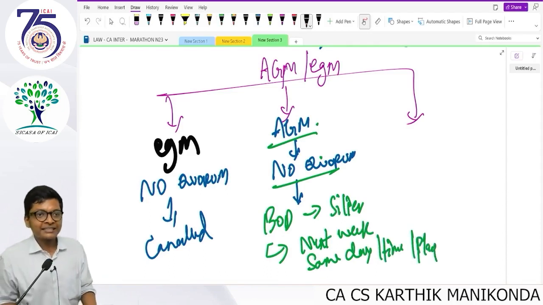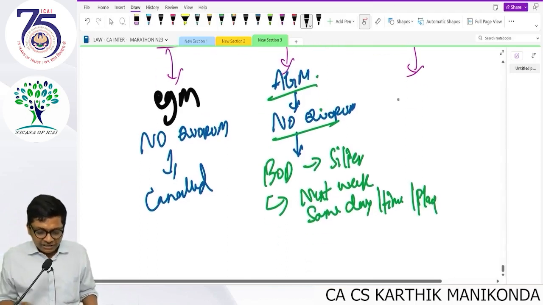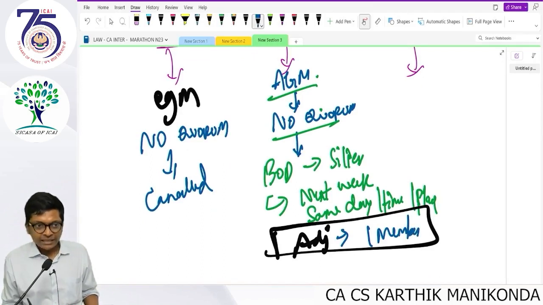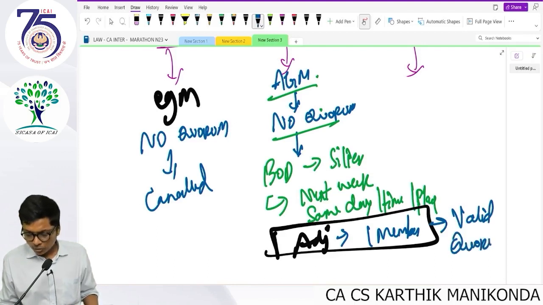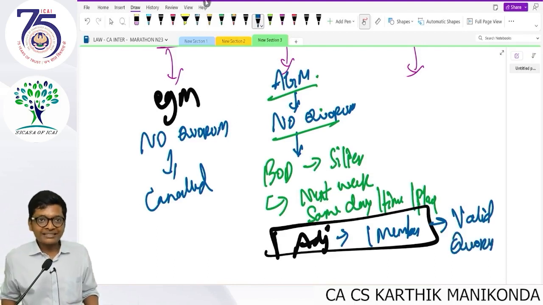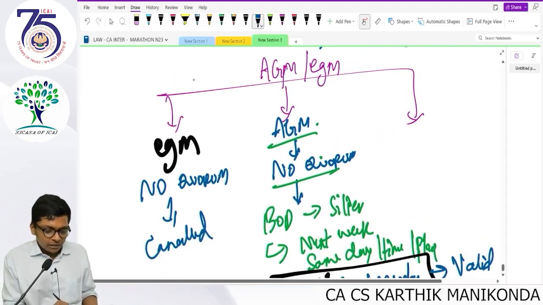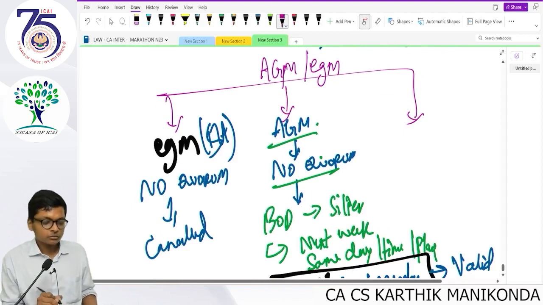In that adjourned meeting also, if only one member came, then that one member is a valid quorum. But this concept is not there for an EGM called by shareholders.